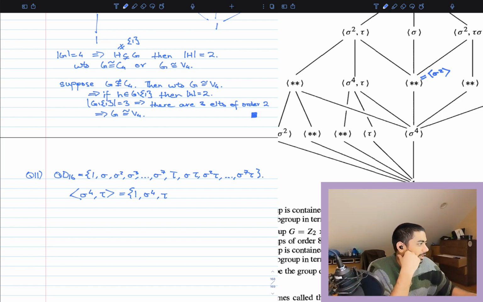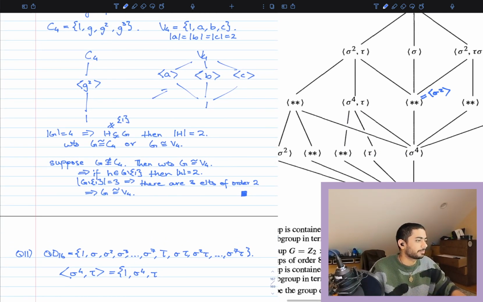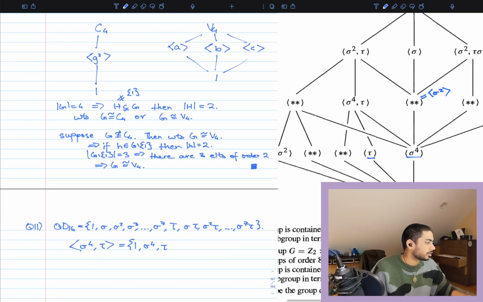It actually has this lattice structure of its own, right? With the 3 subgroups, all of size 2, just as we saw over here. So if we can figure out, there's sigma to the 4th, there's tau, which means what's left is their product.